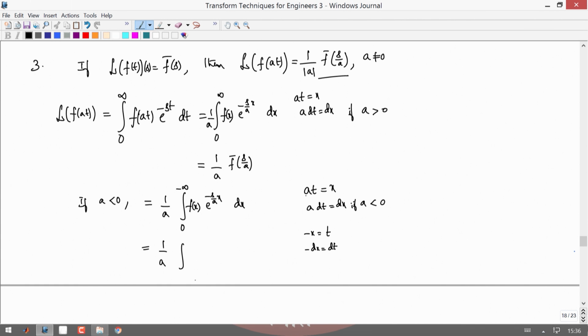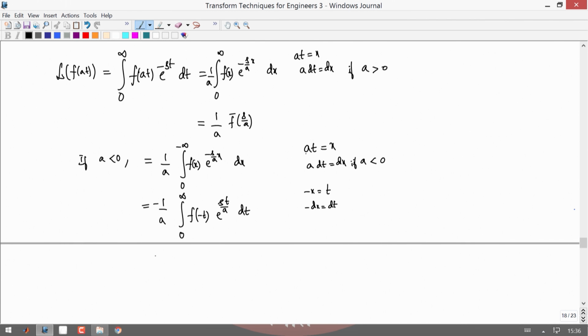If you put t equal to 0, x is 0, and x equal to minus infinity gives plus infinity, f of x is minus t now, and then e power minus x is t, so s t by a, dt is minus dx. So, if a is negative, minus a is modulus of a.